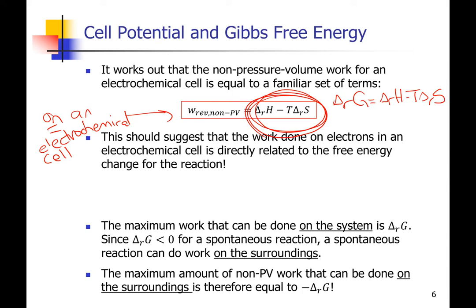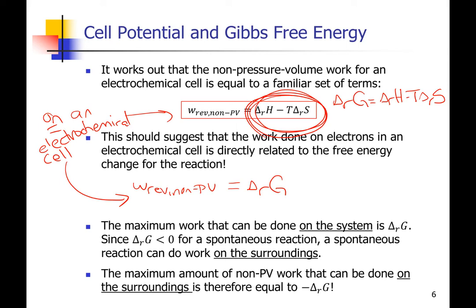And so we can therefore conclude that the reversible non-pressure volume work done on an electrochemical cell by the surroundings is equal to the free energy change for that reaction. But again, remember, this is work done on the system by the surroundings.